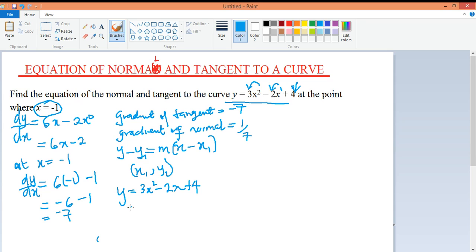When x is equal to negative 1, we shall have 3 times negative 1 squared minus 2 times negative 1 plus 4. This becomes 3 plus 2 plus 4, and this becomes 9.